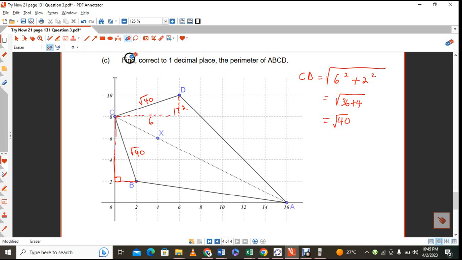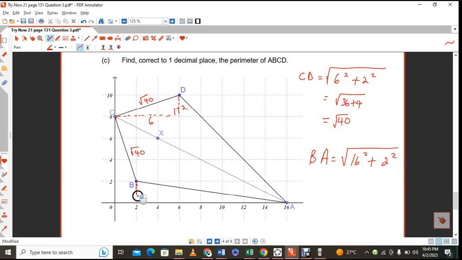Right, so we're going to use the same logic when we find BA. BA would also be the same as DA. When I want to find the distance of B to A, I also have to use my 16 over here. So B to A equals 16 squared plus, and up here it's 2 squared.